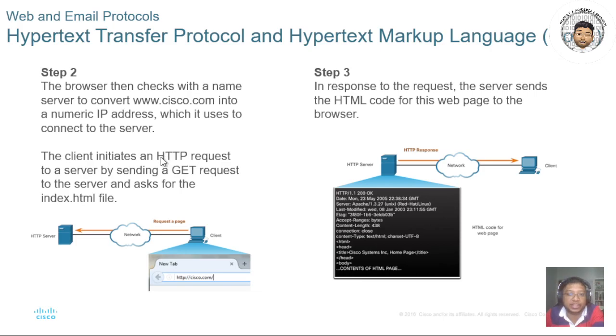The client initiates an HTTP request to a server by sending a GET request and asks for the index.html file. You are requesting the page from the server. And in step 3, in response to the request, the server sends the HTML code for this web page to the browser so that the browser can display the page that you requested.